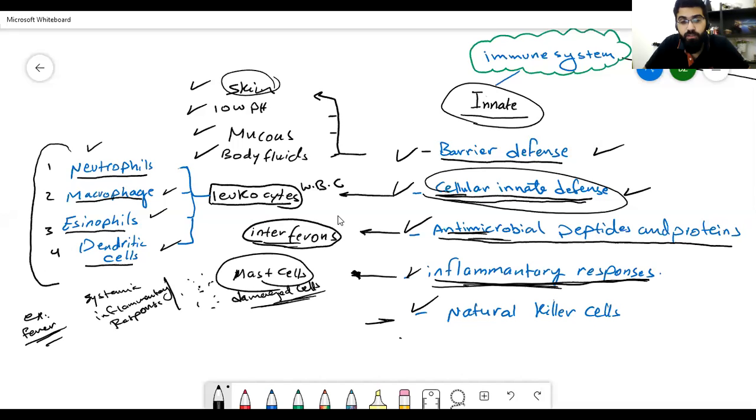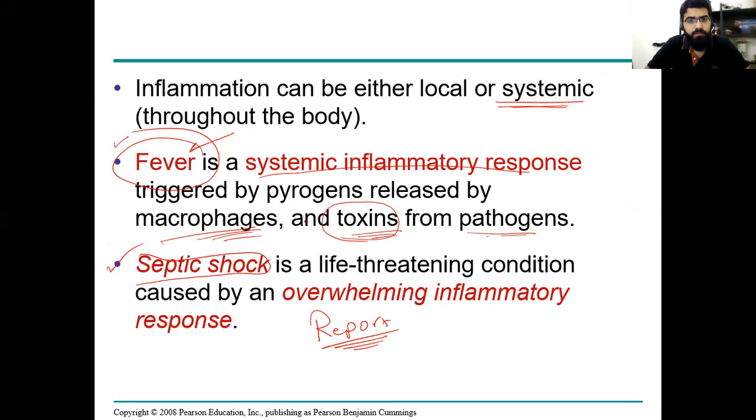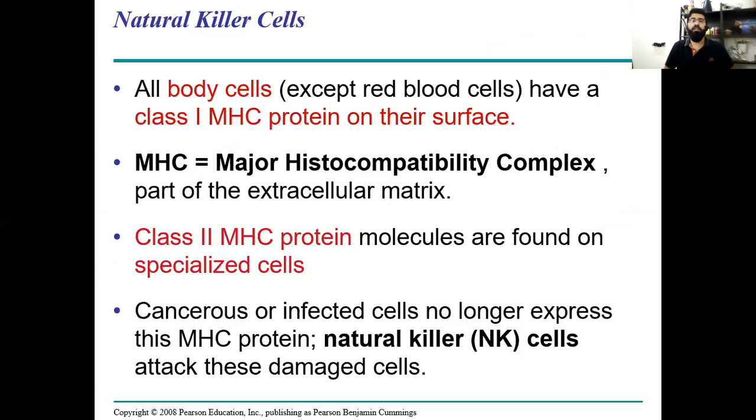The next one is the natural killer cells. What are the natural killer cells? Let's see. In the beginning, you have to know, if you remember, we said this before, that all body cells, except red blood cells, by the way, have a kind of protein on their surface. This protein is called MHC.